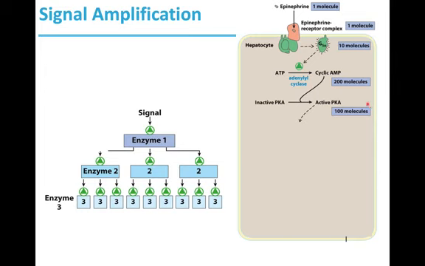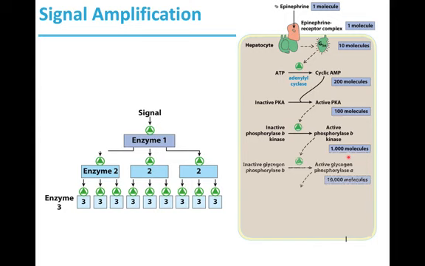At least 100 molecules are activated by cyclic adenosine monophosphate. PKA further activates PKB, or phosphorylase B kinase, and this activates thousands of molecules. In this case, thousands of molecules of phosphorylase B kinase are activated by PKA.